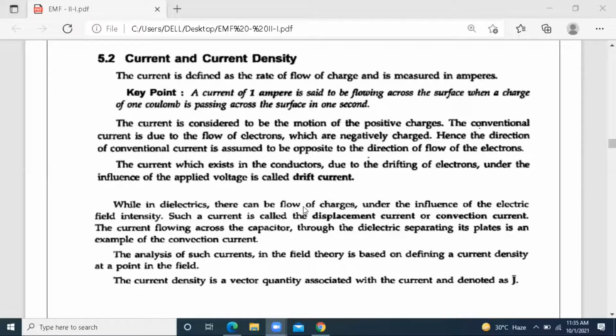The current which exists in the conductor due to the drifting of electrons under the influence of applied voltage is called drift current. And it says here that we get drift current when there is no conductor. So what I'm wondering is, if instead of applied voltage, they mean electromagnetic field.